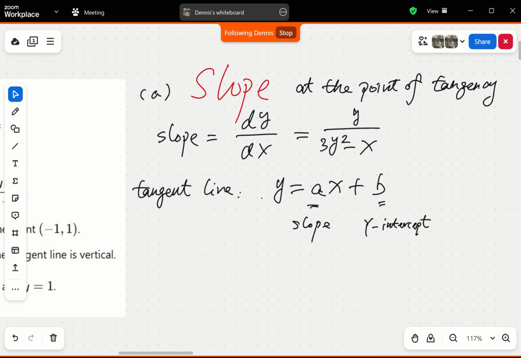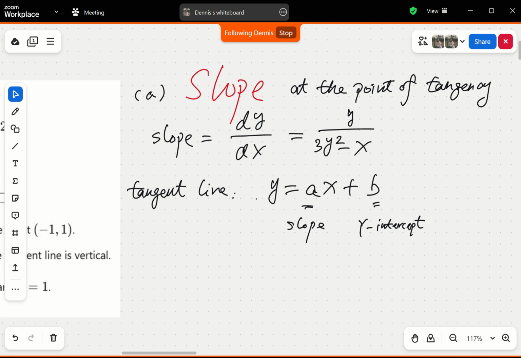At the point of tangency, (-1, 1), we just substitute the values into the expression of dy/dx already given. So this is y / (3y^2 - (-1)), which equals 1/4.